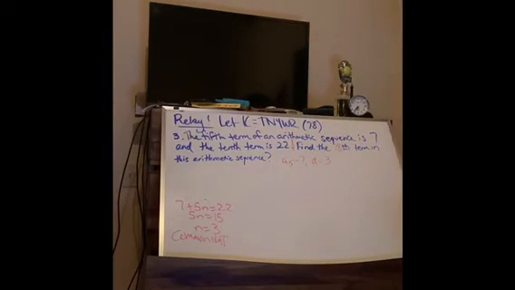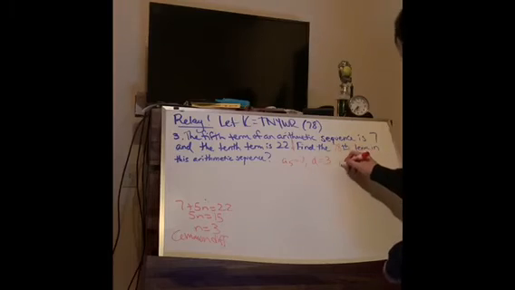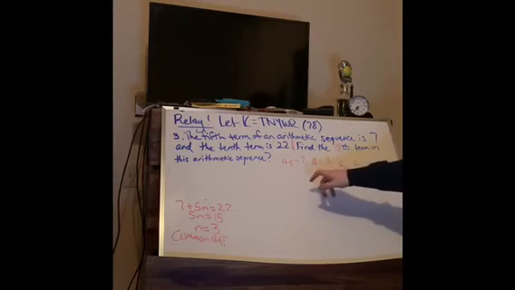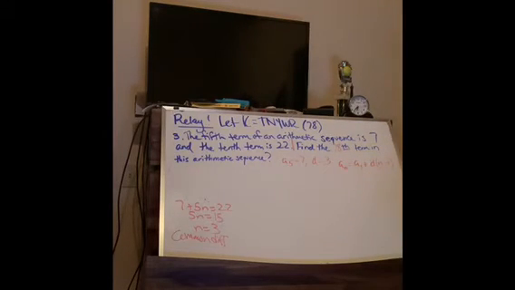For an arithmetic sequence, the formula is A of n is equal to A1 plus D times n minus 1 for some nth term. But we don't know what the first term is, A of 1. But we do know that the 5th term is 7 and each increasing term is 3.